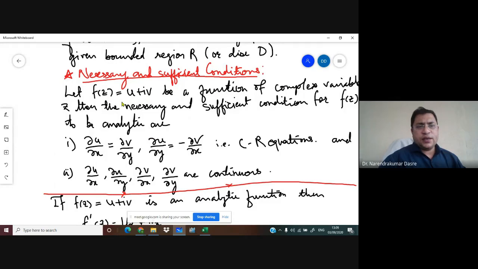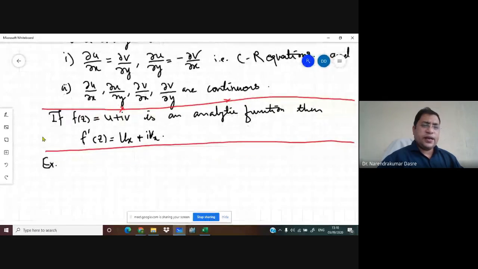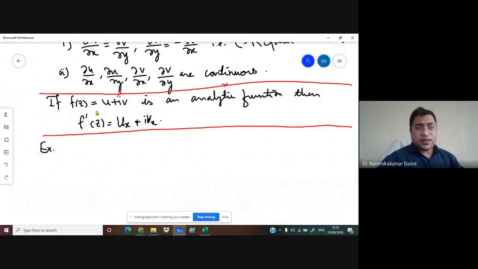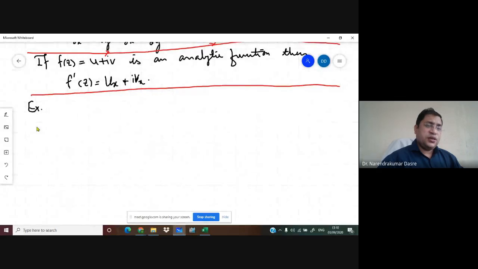Once we have the real and imaginary parts, the second step is to find the derivatives and test whether these two conditions are satisfied or not. If these two conditions are satisfied, then we can say the function is an analytic function. And if these conditions are not satisfied, then we say the function is not an analytic function. If it is asked to find the derivative, then that will be the third step.